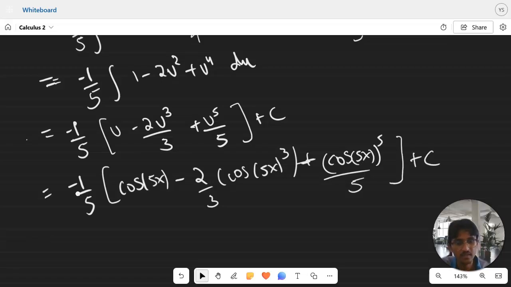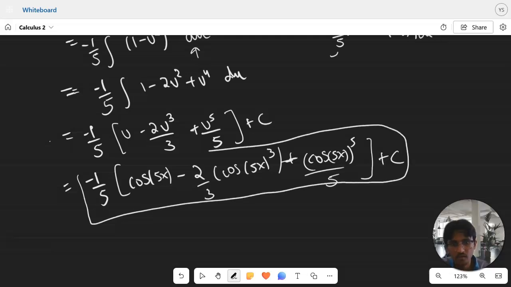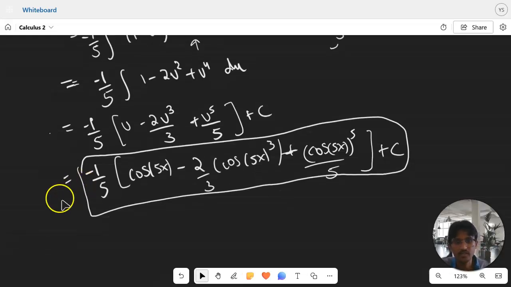Do not forget that constant of integration. So this is our final answer. You could multiply negative 1/5 to all of the values inside, and that could give a more concise answer, but I'm going to stop over here because I feel like this answer should suffice.